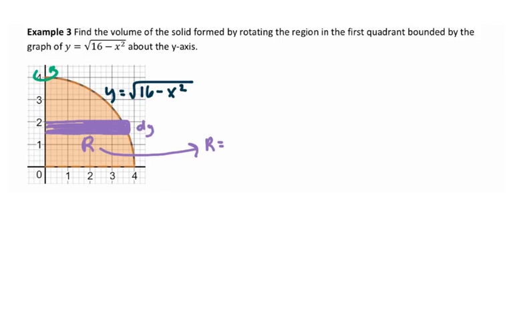So when we're moving with a horizontal slice here, we're doing rightmost minus leftmost. So in this case, our rightmost is this curve function here. However, it's currently in terms of x, and I need it to be in terms of y. So let's do a little algebra here. If y equals square root of 16 minus x squared, we would first square both sides to get rid of the square root.